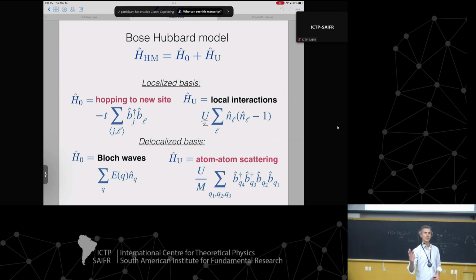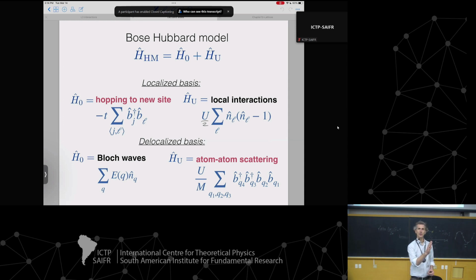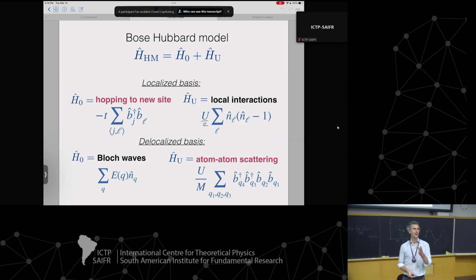Because if I scatter into the next Brillouin zone, so I go beyond pi over L, then I've just told you everything is periodic in that parameter. The energy is periodic, for instance. So if I scatter into the next Brillouin zone, it's just like I stayed within the same Brillouin zone. And so I take the modulo 2 pi of the sum, and that's what's conserved. And it's really important.